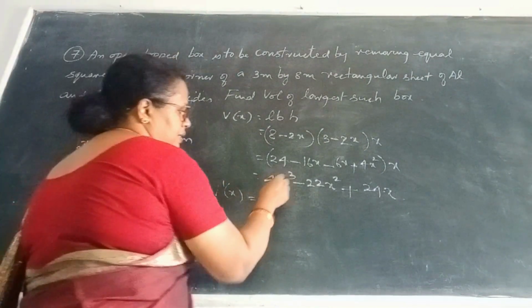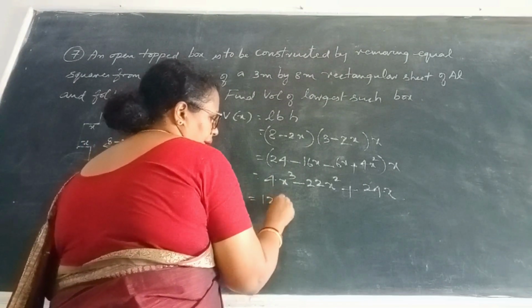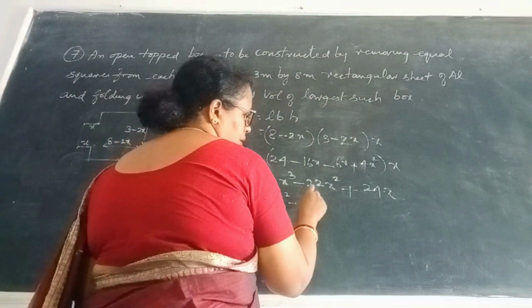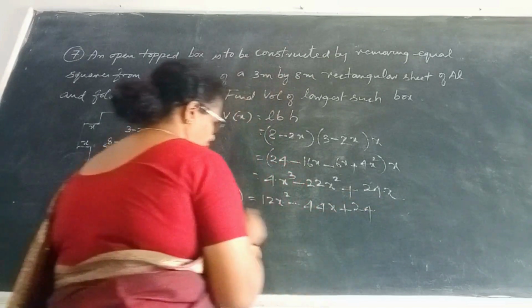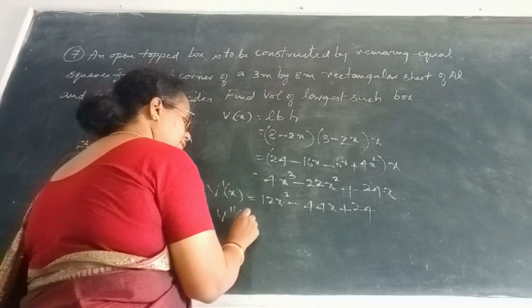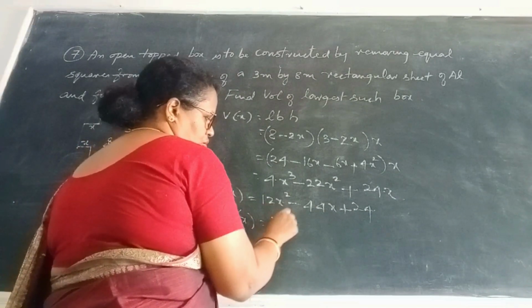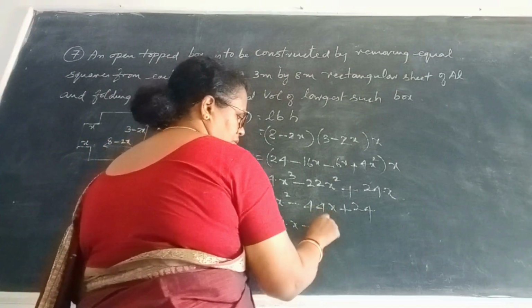What is V'(x)? It is 12x squared minus 44x plus 24. What is V''(x)? It is 24x minus 44.